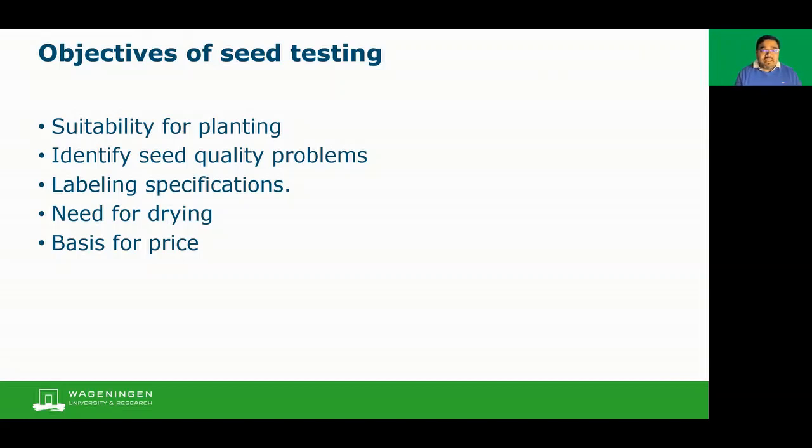Normally for cereals and pulses, it should not be above 6 or 7%. For moisture vapor permeable containers like cloth bags or jute bags, it is normally around 9 to 10%. This is not a thumb rule, as different crops have different standards of moisture content at which you can pack the seeds.